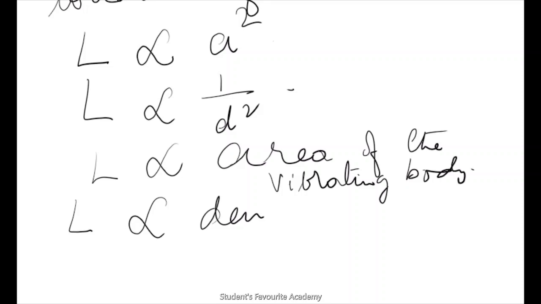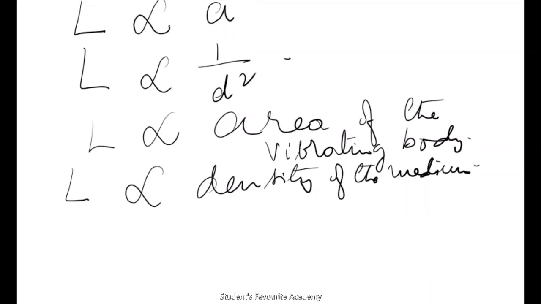Loudness also is directly proportional to the density of the medium through which the sound wave is passing. Okay, and loudness also depends on the presence of resonant bodies. Why? Because the presence of resonant bodies increases the loudness of the sound. Okay, so these are the factors which affect the loudness of sound.